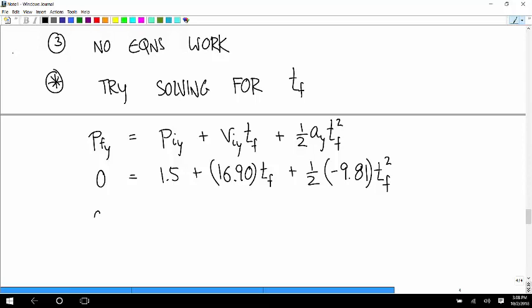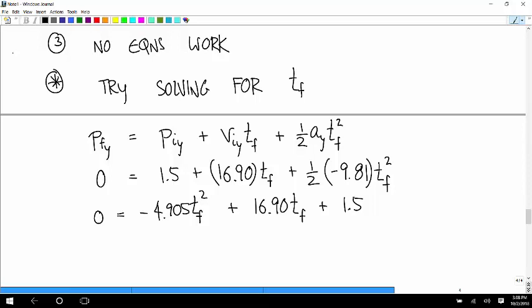And I'm going to rewrite this as 0 is equal to negative 4.905 TF squared plus 16.90 TF plus 1.5. So can anyone think of a way? The variable we're trying to find is TF.